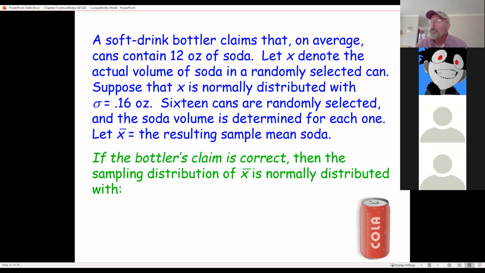We think that the population mean is 12, the standard deviation is 0.16, and we're going to have a sample size of 16 cans randomly selected. So X bar is the resulting sample mean for the soda.